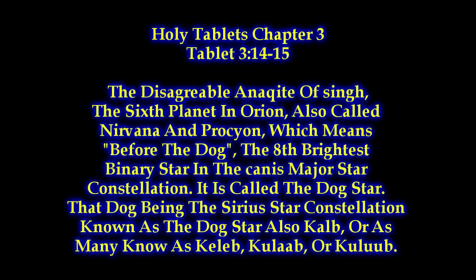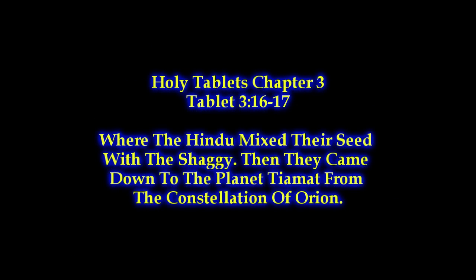The 8th brightest binary star in the Canis Minor constellation is also called the dog star. That dog being the Sirius star constellation, also Kalb, Kaleb, Kulab, or Kulub, where the Hindu mixed their seed with Shaggy. Then they came down to the planet Tiamat from the constellation of Orion.